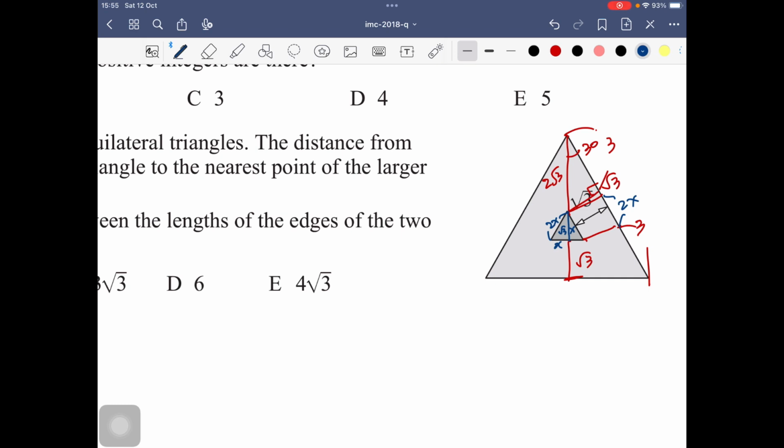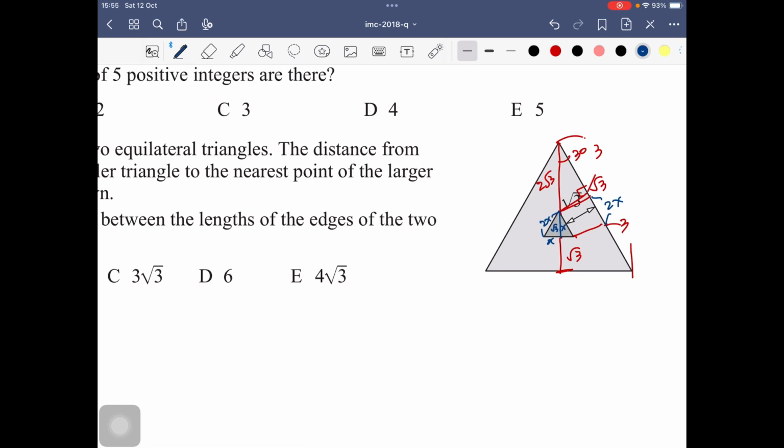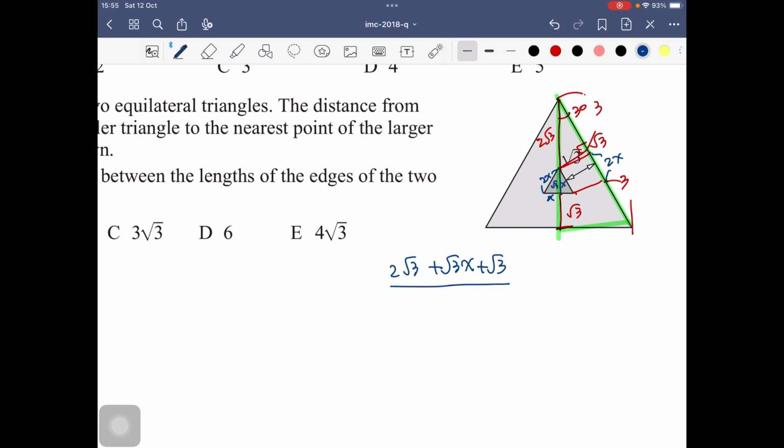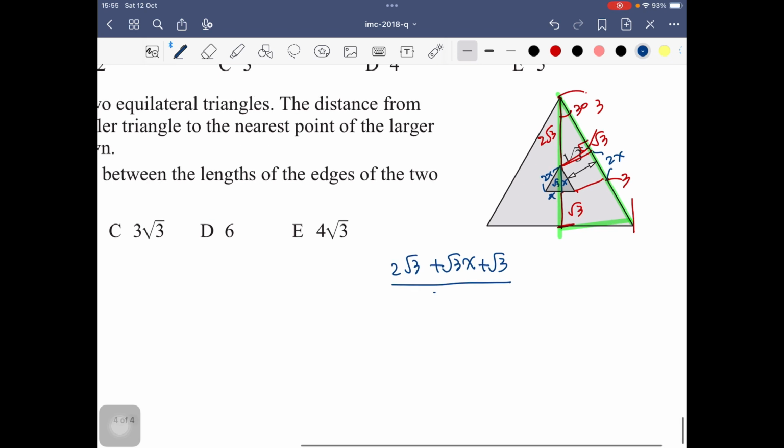So now we can make the calculation like a ratio, because this one is a special right triangle which has 30, 60, 90 degrees. So the 2 square root of 3 plus square root of 3x, plus square root of 3, over, this is a larger one, the hypotenuse is 6 plus 2x.